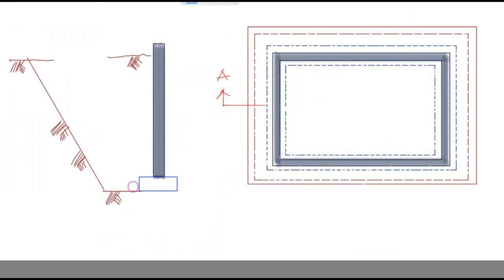So this is our plan, and as you can see, the shaded part is the foundation wall, and of course this is meant to be the footing, and this is the excavation.